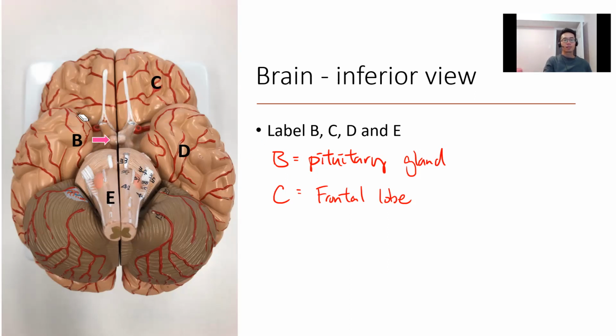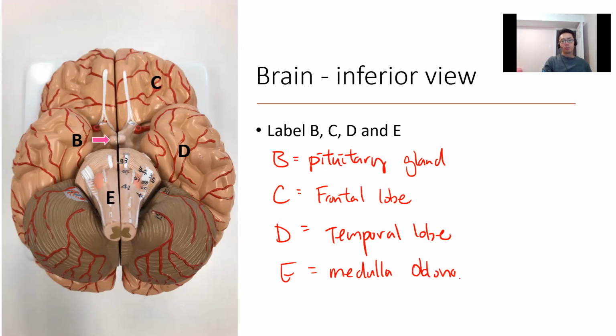D, which lobe is D from this perspective? Temporal. Yeah, very good. And E is again the medulla oblongata. Okay.